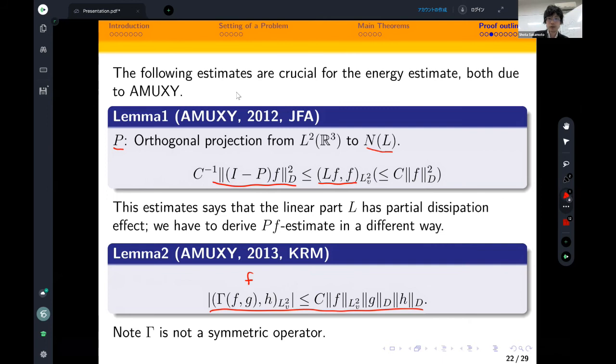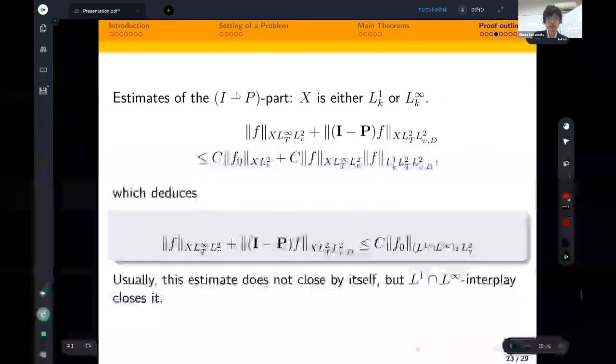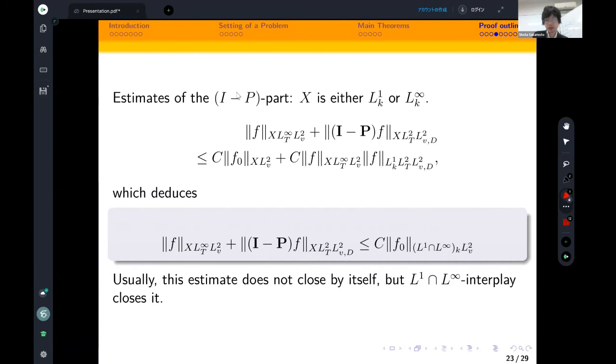F is in L2 V for F, and the dissipation norm for G and H. So gamma is not a symmetric operator, because if gamma were symmetric, then we should have L2 of F and G, or FD and GD, but not. So using these inequalities or lemmas, we can estimate the I minus P part with the energy part.